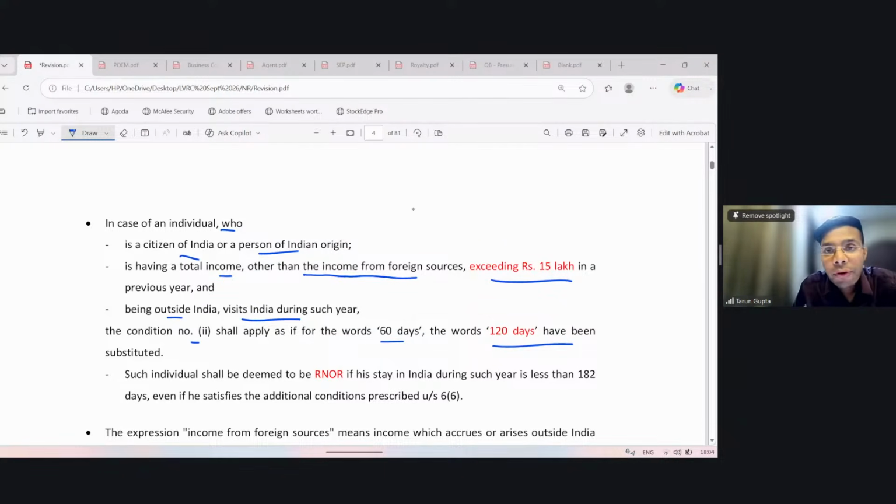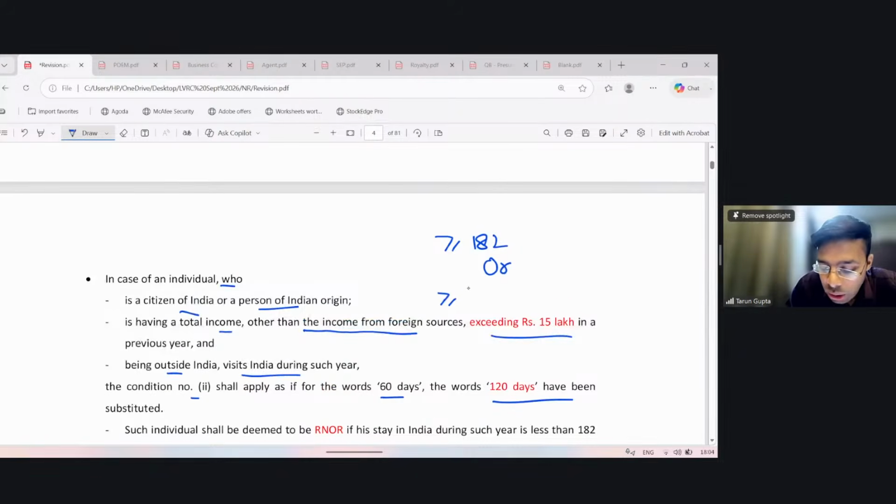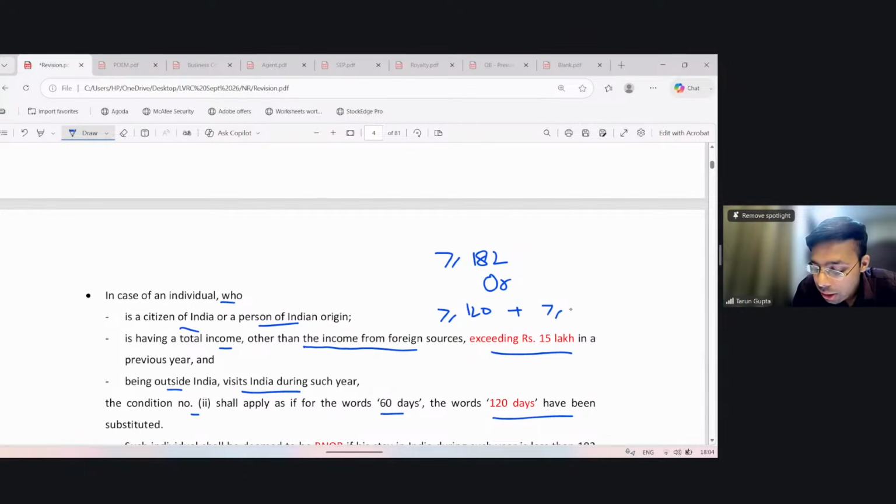So for this type of individual, they will qualify as resident if they are in India for 182 days or more during the relevant previous year, or their stay is 120 days or more, and in the last 4 years they were in India for 365 days or more. Clear?